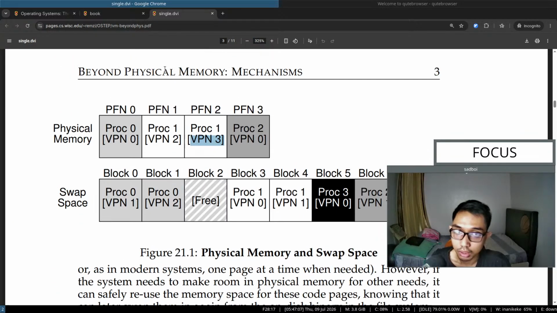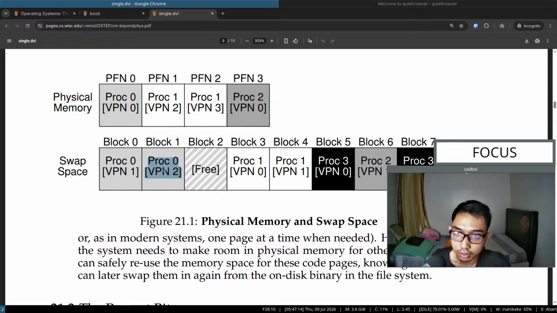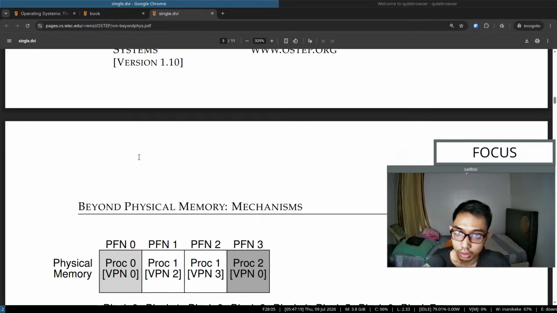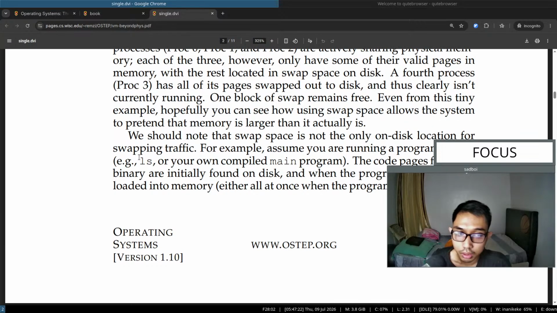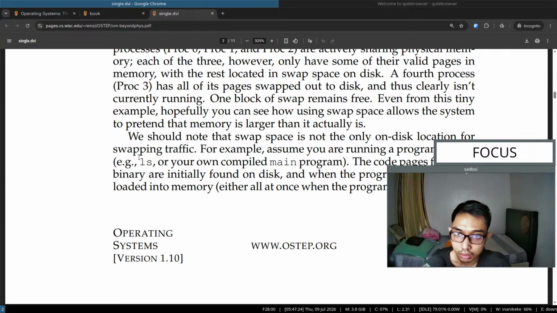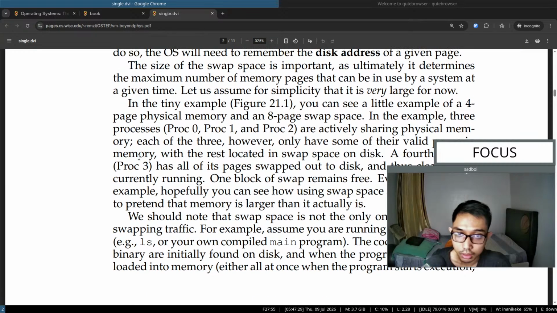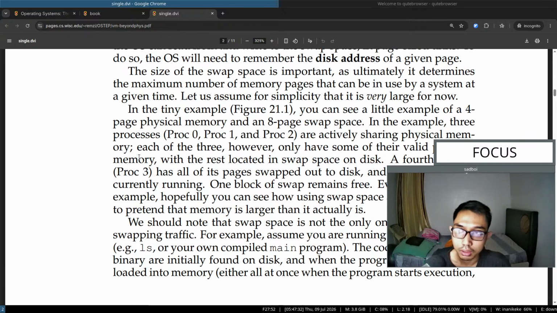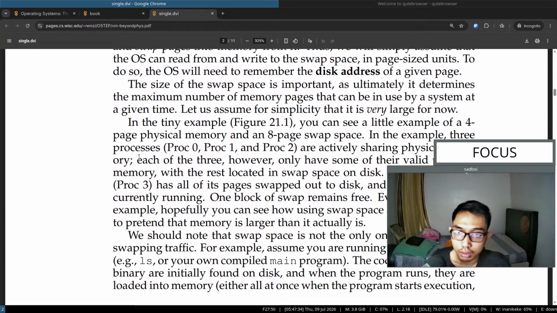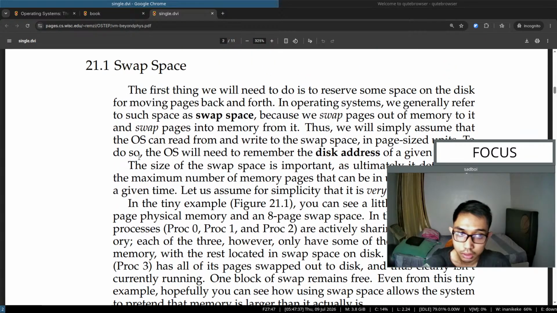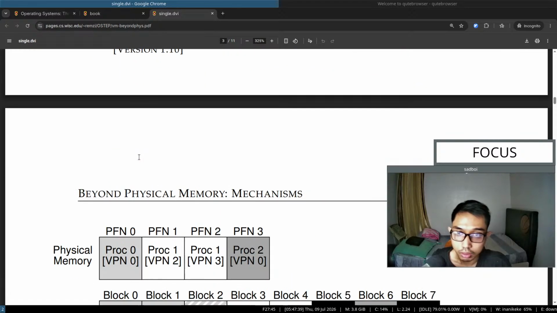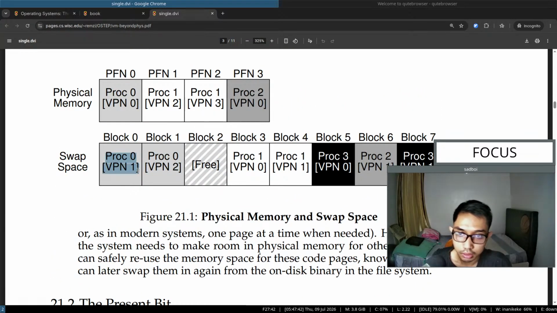Are we immediately putting the unused, what is it called, the unused data, I guess, or the unused address space, the unused page from the address page, maybe that's the word.